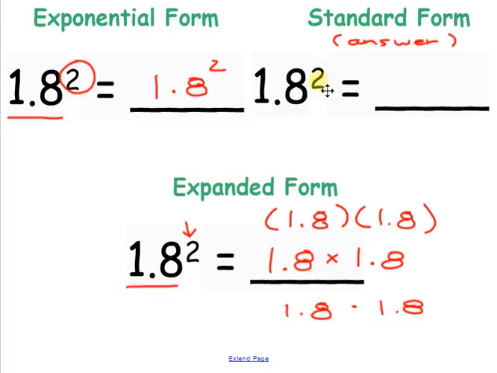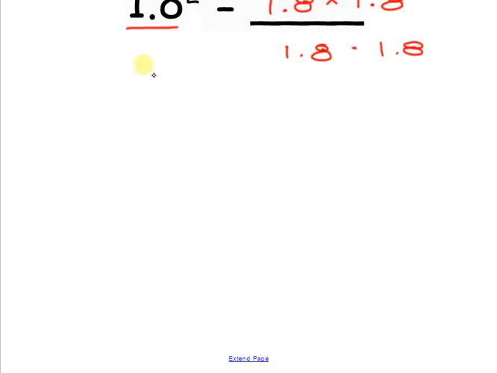1.8 to the second power is simply 1.8 times 1.8, and we know how to multiply decimals. 1.8 times 1.8. 8 times 8 is 64. 8 times 1 is 8, plus 6 is 14.